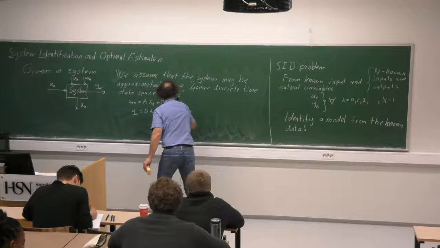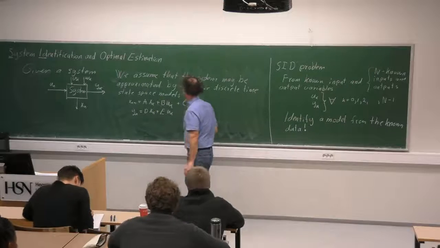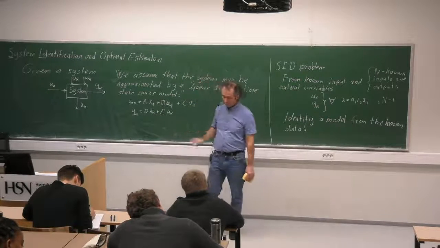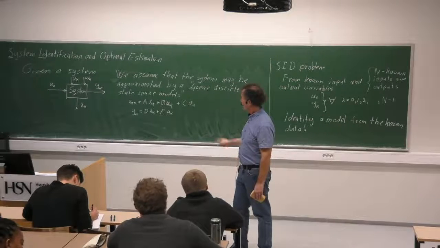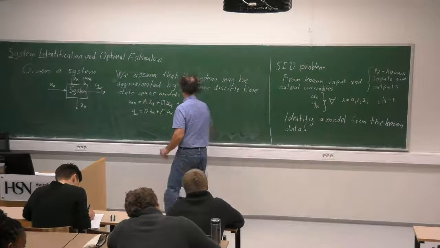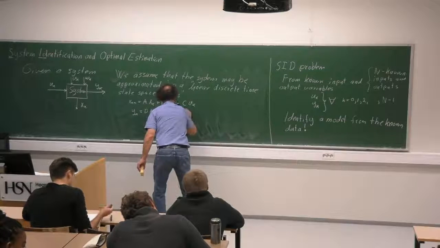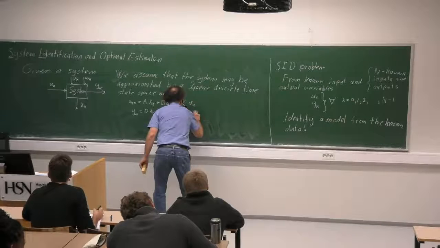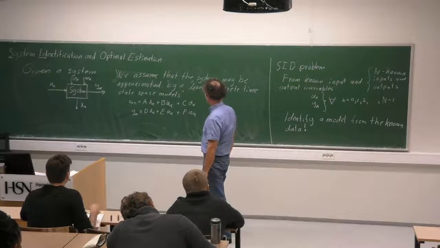We can have plus C v_k. And here you will also in a moment observe the reason for this ABDE notation. So A, B, C, D, E plus F w_k then could be like this. A, B, C, D, E, F.